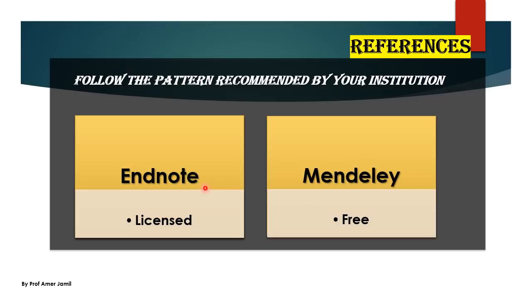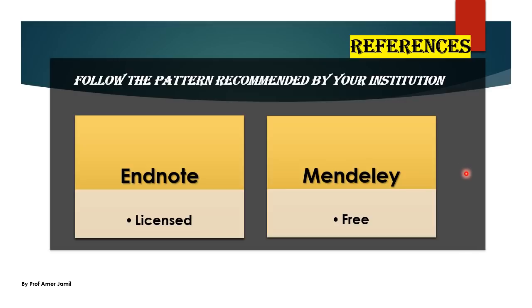These are very simple ones. I usually prefer EndNote because you can make libraries of your data in a very short period of time, and once you make those libraries, you can use them offline to incorporate your references. But many people prefer Mendeley, so it depends on which you want to use.